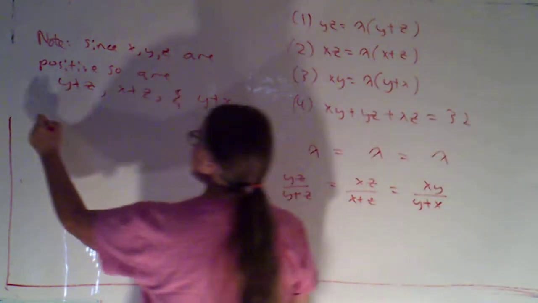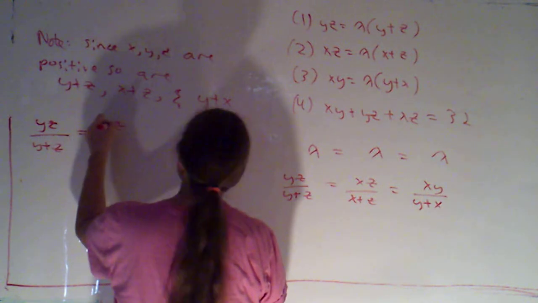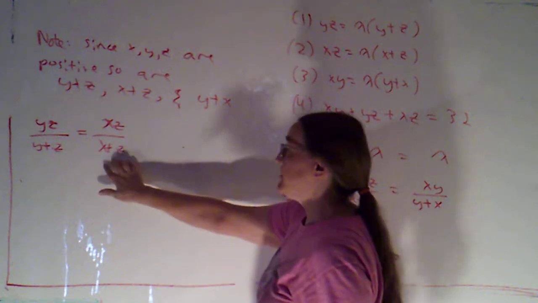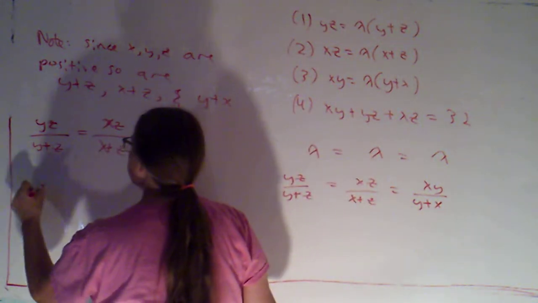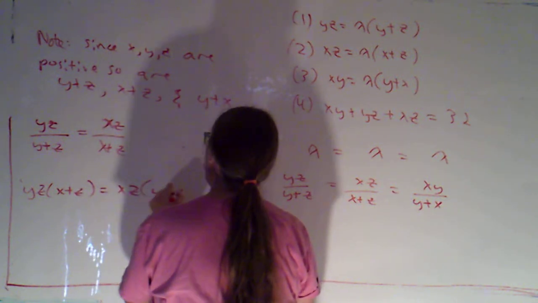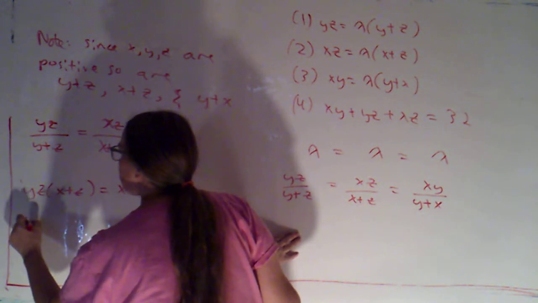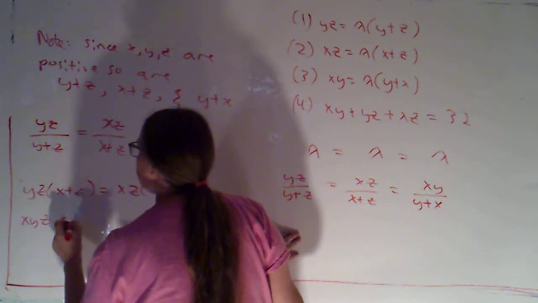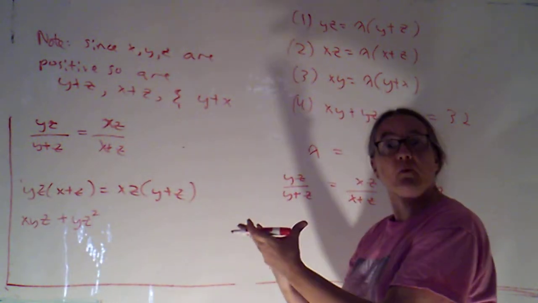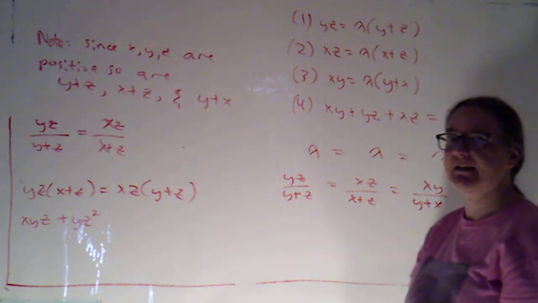If I pair off those first two, yz over y plus z is equal to xz over x plus z. Now if I cross multiply, I'm going to have yz times x plus z is equal to xz times y plus z. Let's distribute. xyz plus yz squared. As I multiply things out, I'm just going to rearrange the variables if necessary so that they're always in alphabetical order, just because that makes my life simpler.